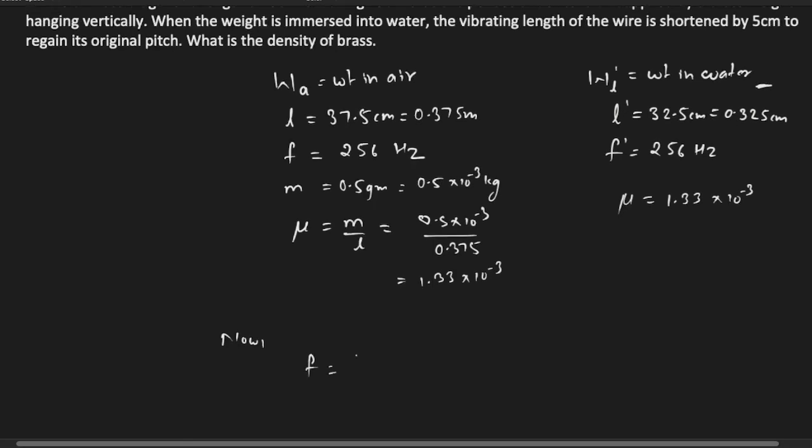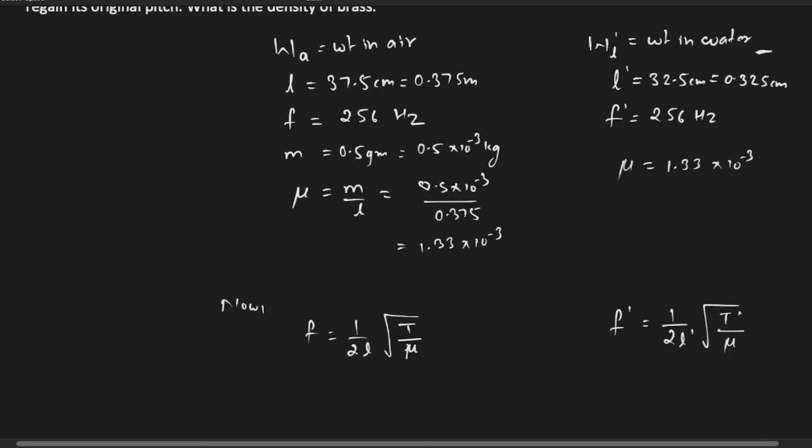The fundamental frequency is 1 by 2L root T by mu for the air, and similarly for the weight in water, 1 by 2L dash under T dash by mu. Mu is the same in both the cases. Tension is equal to weight.